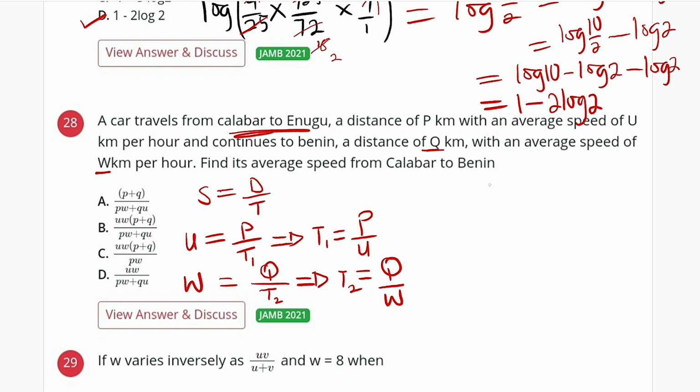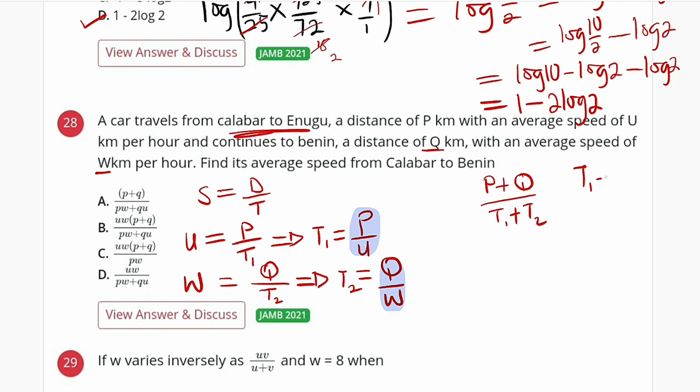To find that, we are going to add P and Q together. We divide by the first time plus the second time. First of all, let me simplify T1 and T2 together. T1 is P divided by U, and T2 is Q divided by W.